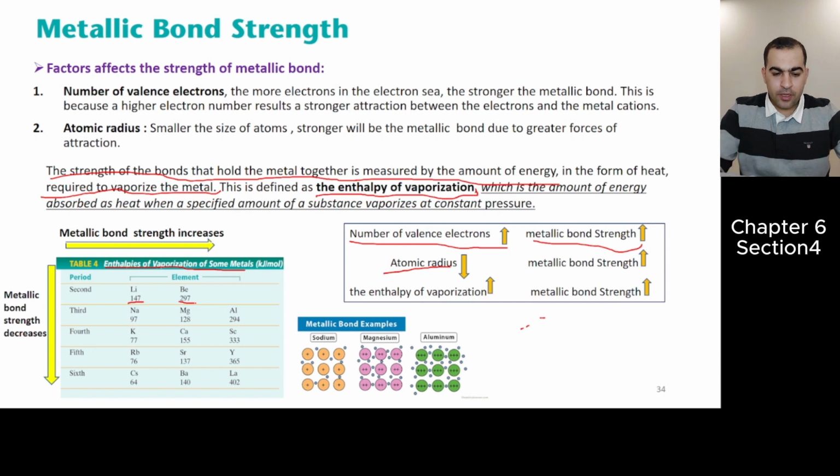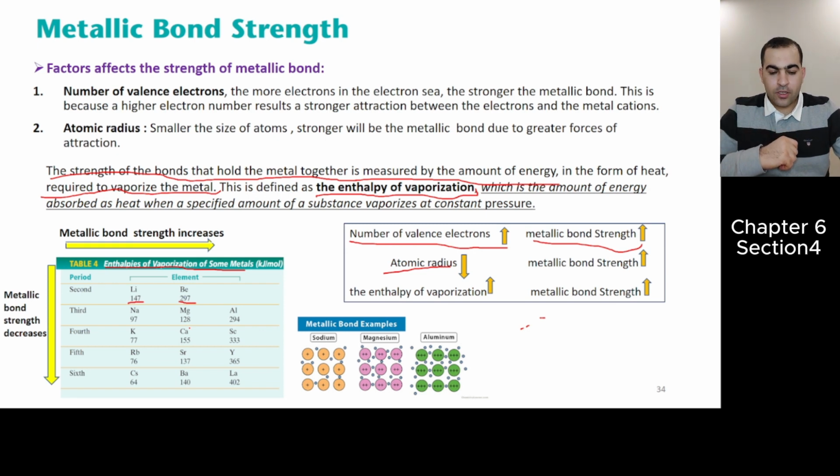It means beryllium's enthalpy of vaporization is higher than lithium's. It means beryllium absorbs a high amount of energy to become vaporized. Okay, why? Because across the period, lithium is in group 1, beryllium is in group 2, but both are in the second period. Across the period, what happens? Size decreases. The size of beryllium atoms is smaller than lithium atoms.